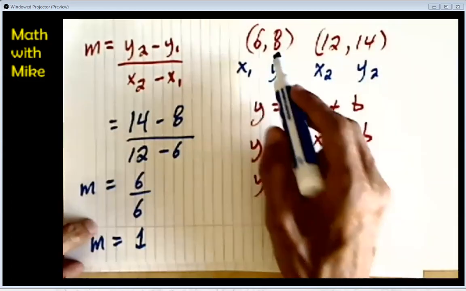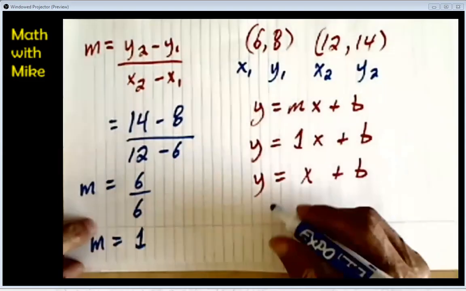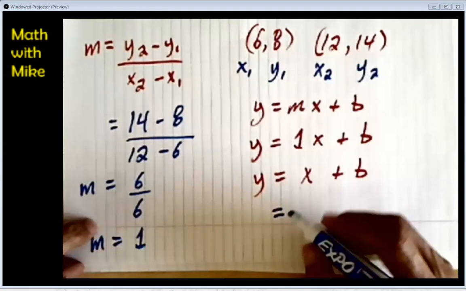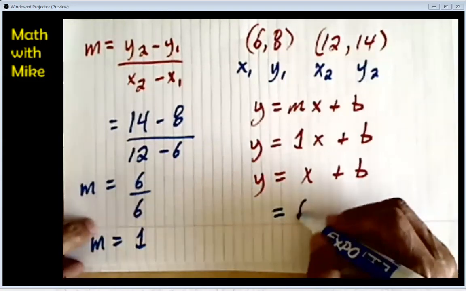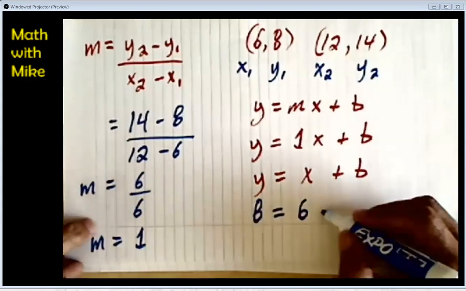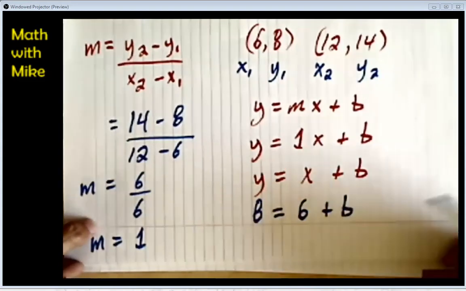Yeah, perfect. 6 and 8, those two go together. So 6 goes in for the x, 8 for the y. And look at that. It just leaves 6 plus b that we're now solving for.